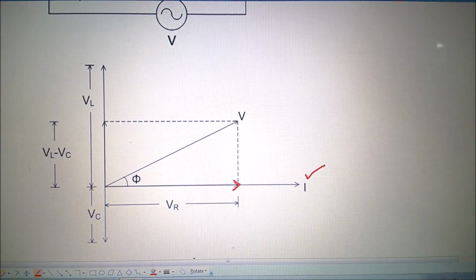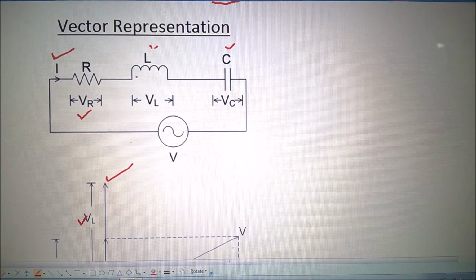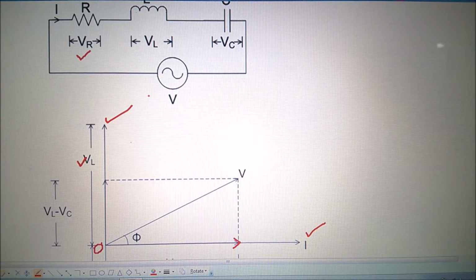And you can see I am representing from 0 to this, it is VL. Therefore, you can see the voltage across L is ahead of the current I by 90 degrees. The voltage across L is leading the current by 90 degrees.